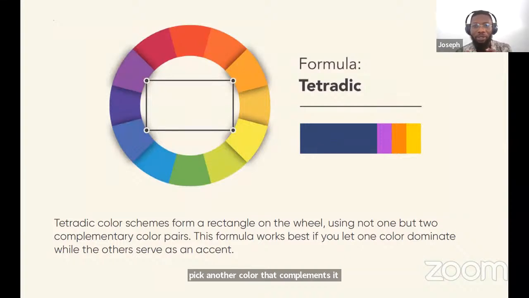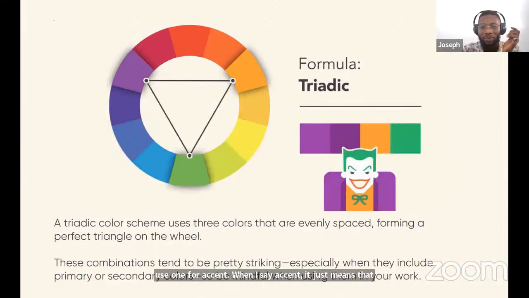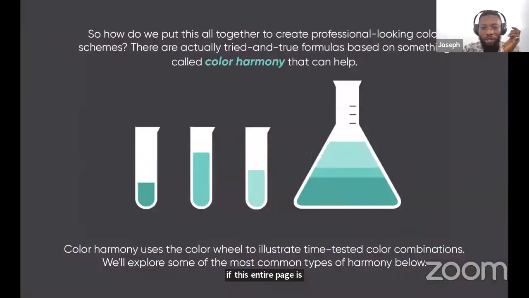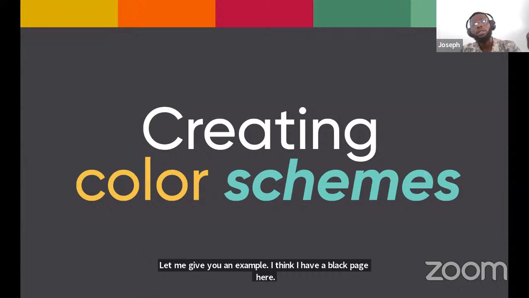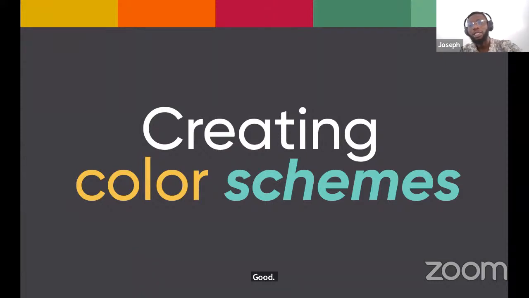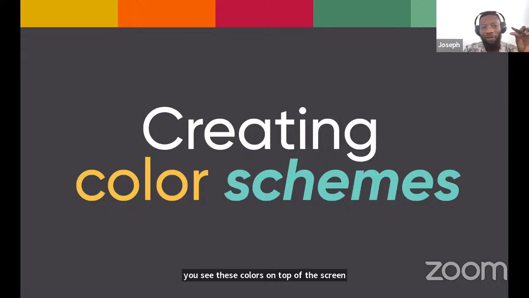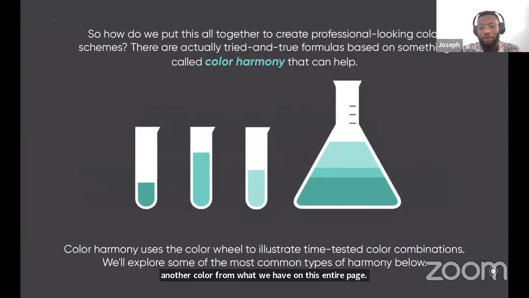When I say accent, it just means that if this entire page is black, let me give you an example. I think I have a black page here. Good. You see these colors on top of the screen, that top part of the artboard. If I reduce the artboard a bit and I make it another color from what we have on this entire page, that becomes an accent, right?